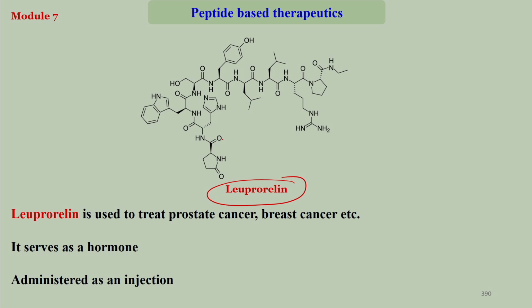So, this is a modification part, this is a slightly modified peptide. So, this molecule is used as an anti-cancer agent to treat prostate cancer, breast cancer and other types of cancer also, and it is a marketed drug. It basically acts as a kind of hormone, and this is administered as an injection.